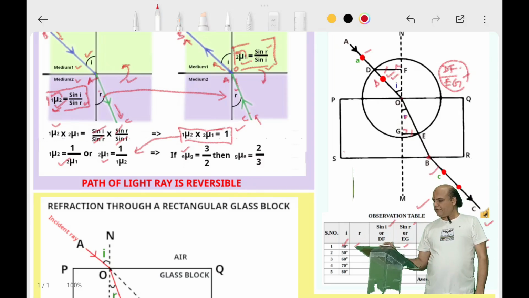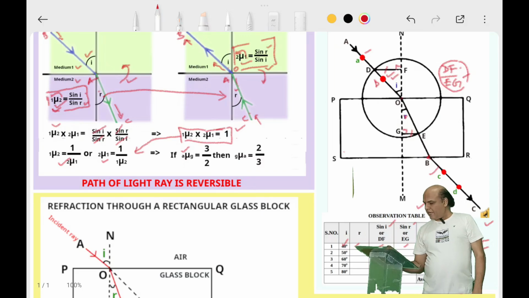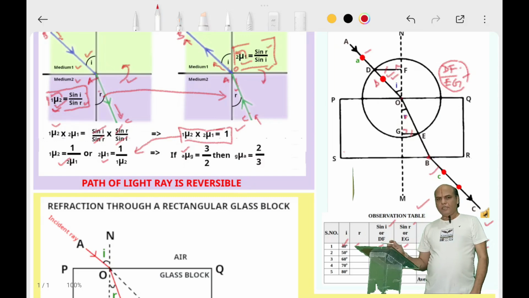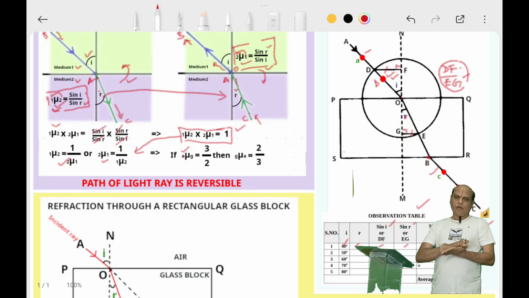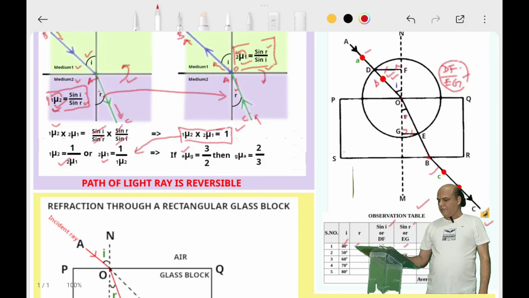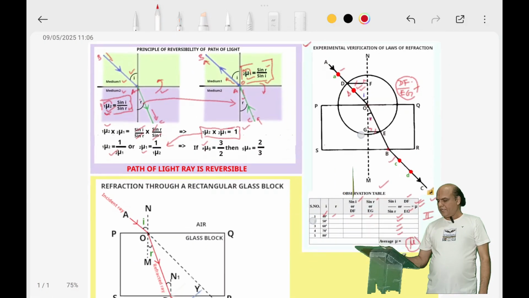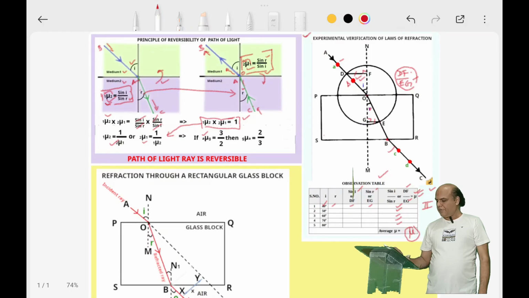Now Snell's first law: the incident light ray AO, the refracted light ray OB, the emergent light ray, and the normal ON all lie on the white paper, which is the plane. So that proves Snell's first law. Hence, both the laws of light, that is Snell's first law and second law, have been verified.